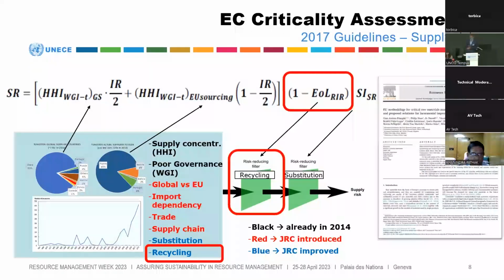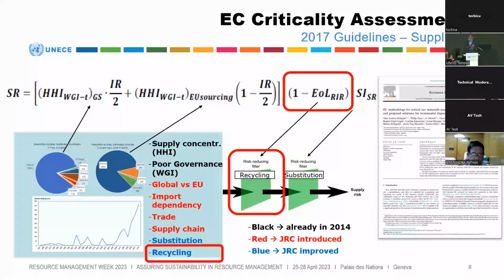This is one picture that has been used already in the discussion when it was time to revise the European Commission methodology, and it shows in more detail the starting point for the calculation of the supply risk. Let me also talk about that in terms of what is numerically more important and what is less.